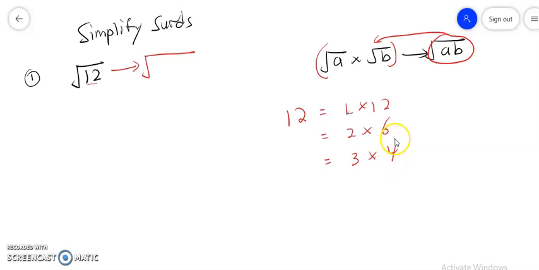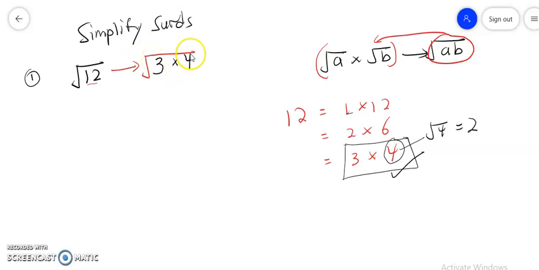So your best answer is this pair of these numbers, because square root of 4, we will get a 2 here. So we can select this pair. Then we write here 3, 4.